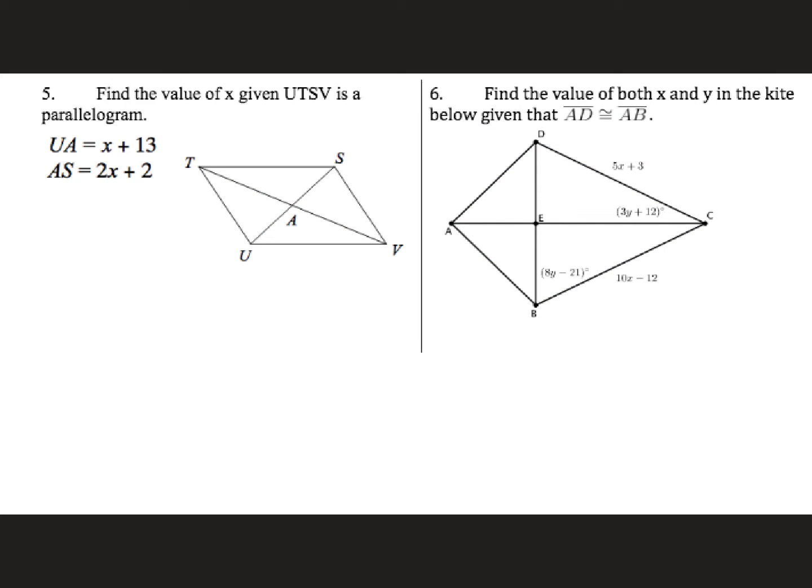Ooh, okay, so in a parallelogram, the diagonals bisect. So we've got UA is x plus 13, and AS is 2x plus 2. These pieces have to be equal because that diagonal is being bisected. These pieces would also be equal, but we're not asked about that.